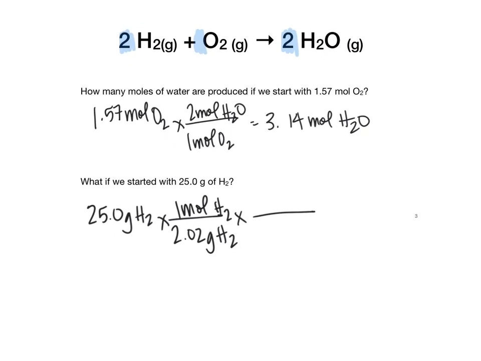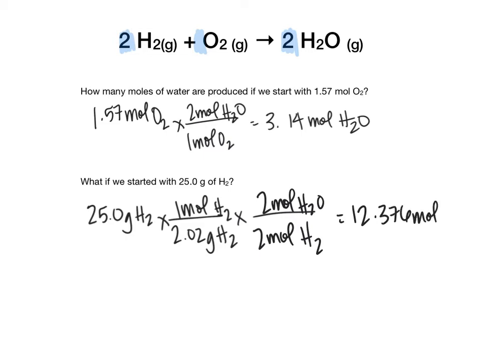So we know that there's 2 moles of H2 for every 2 moles of H2O. And so we can plug that into our calculator and get 12.376 moles of H2O. We need to double check our sig figs, and the problem only gives us 3, so when we use our sig figs, it's 12.4 moles of H2O.